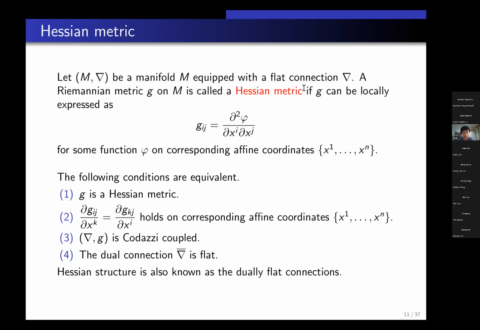We know that a flat connection is in one-to-one correspondence with the affine structure, right? But if we do not use affine coordinates, then maybe we do not have this form. The metric may not be in this nice form.